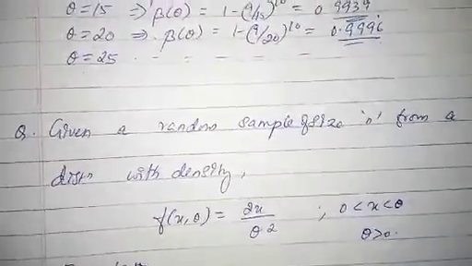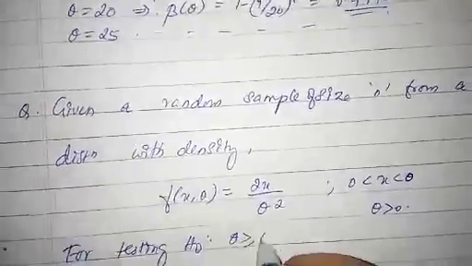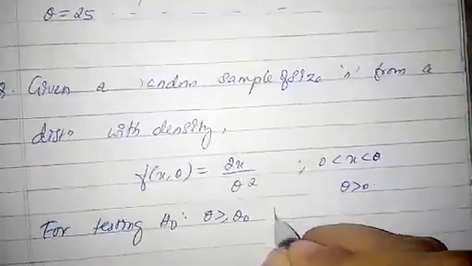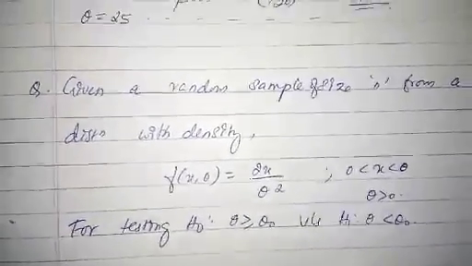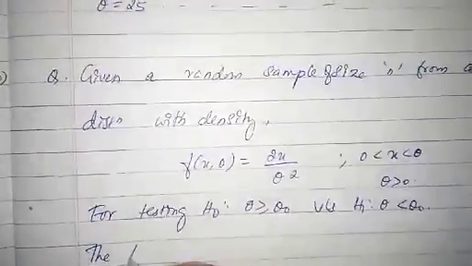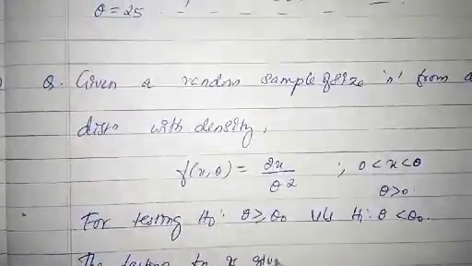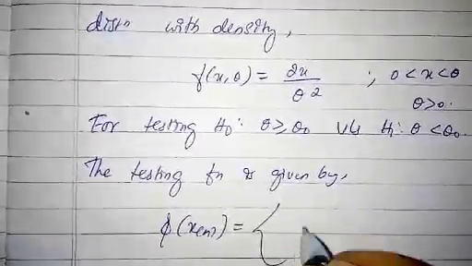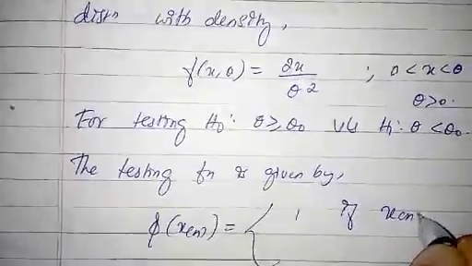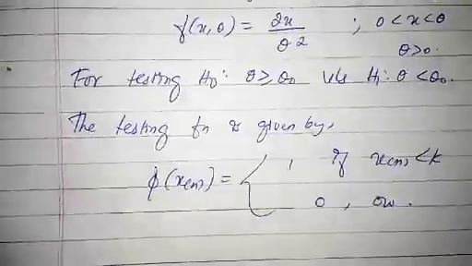For testing H naught, theta greater than or equal to theta naught, versus H1, theta less than theta naught. And here the test function is given by phi of xn equal to 1 if xn less than k, 0 otherwise.